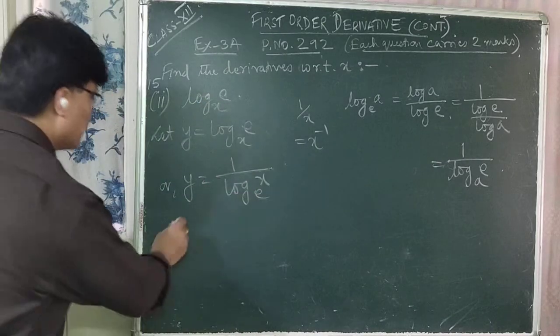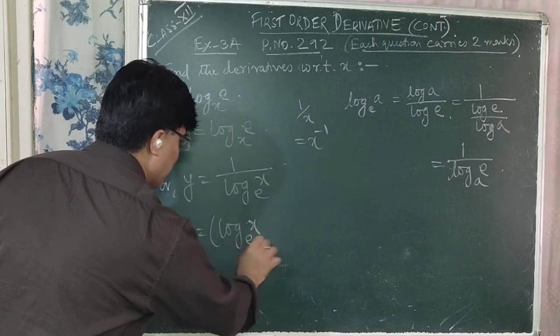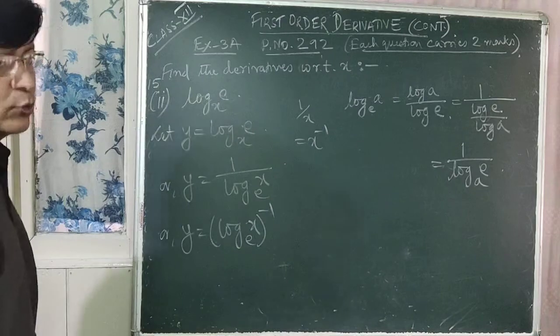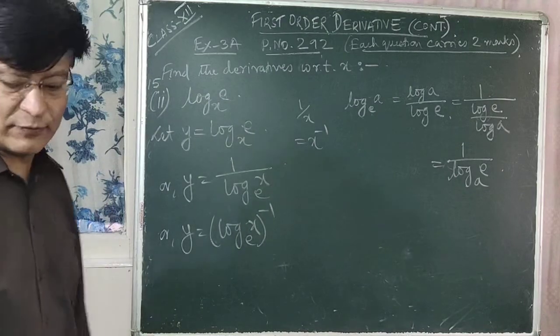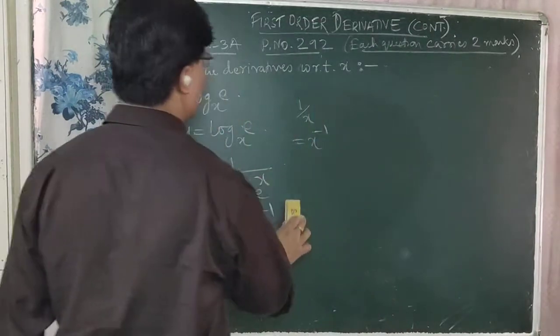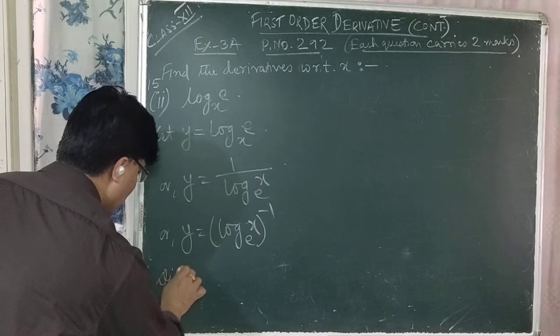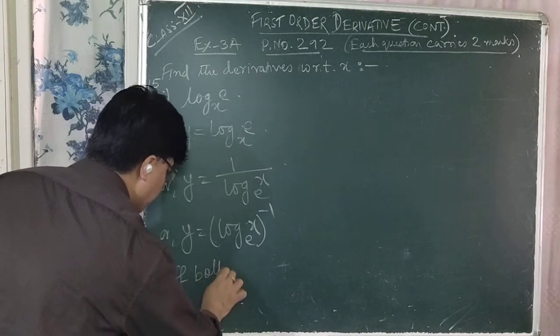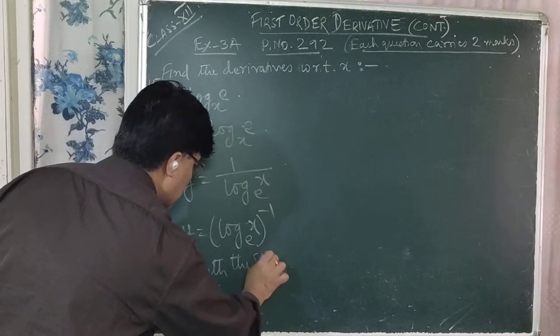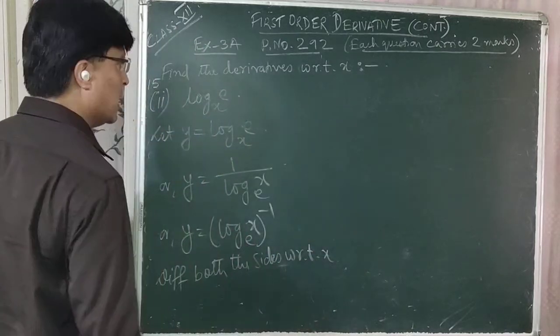So it becomes, you should write here the inverse, that is log x base e whole to the power minus 1. Now you can differentiate it. So write down, differentiating both the sides with respect to x.